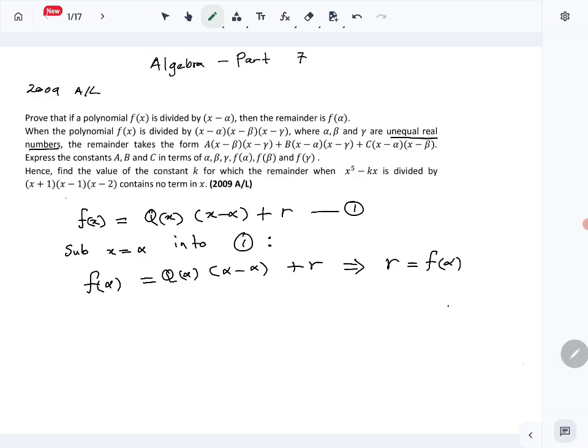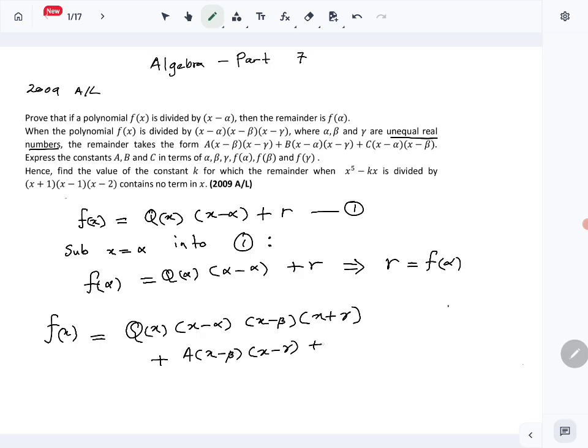Right. So let's set up the division algorithm form for this. So f(x) equals some quotient q(x) times the divisor (x minus alpha)(x minus beta)(x minus gamma), plus the remainder. The remainder is what? a(x minus beta)(x minus gamma) plus b(x minus alpha)(x minus gamma) plus c(x minus alpha)(x minus beta).